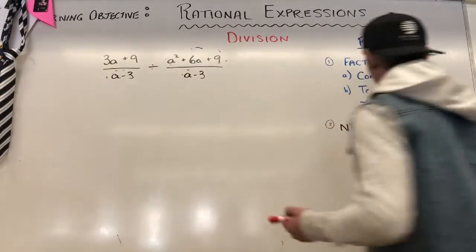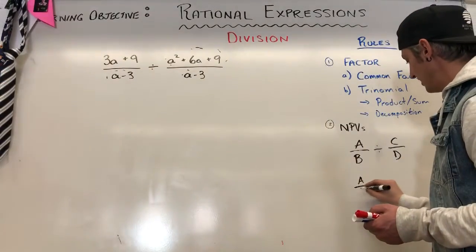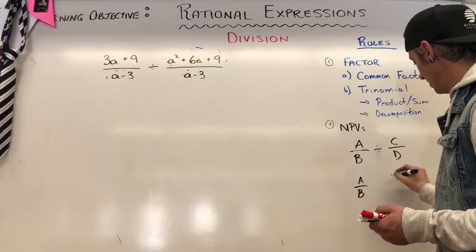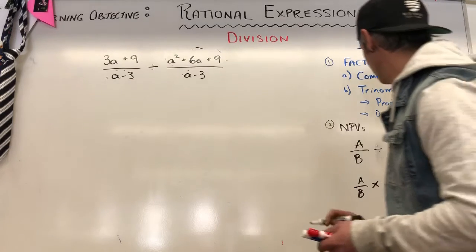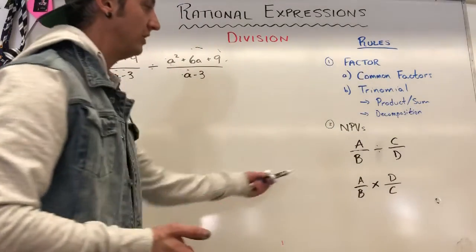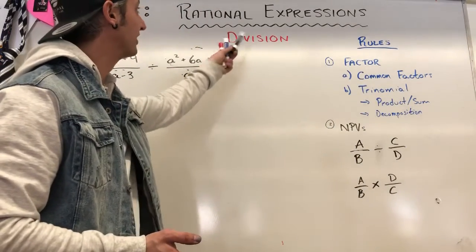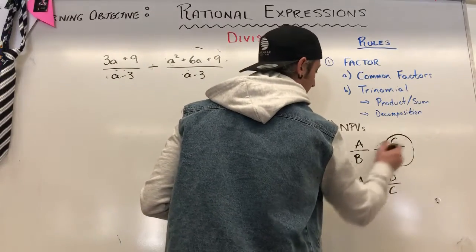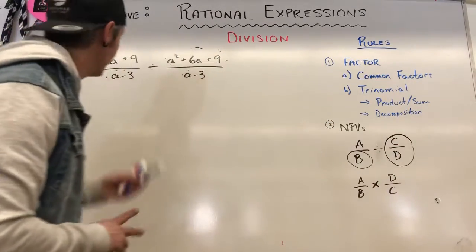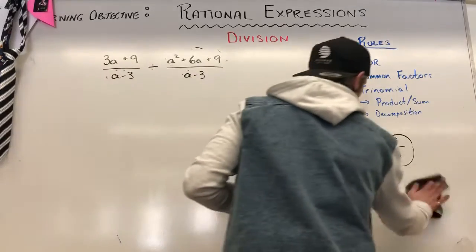Because how do I divide fractions? Well, I use KFC. I keep the first fraction, I flip the second fraction, and I change it to a multiplication. We already know how to multiply rational expressions because we did that in the last video. All we really need to know is that now we're taking the NPVs of these guys. So what does that look like here?